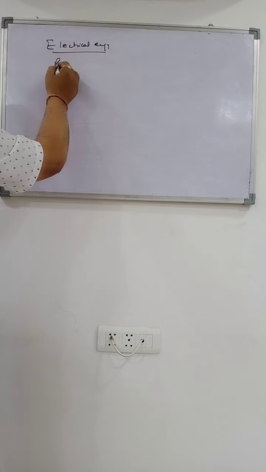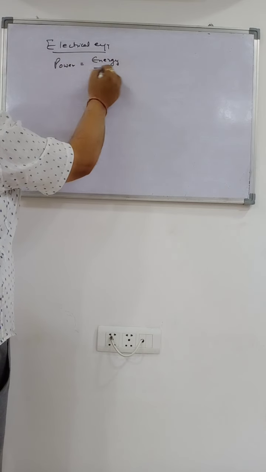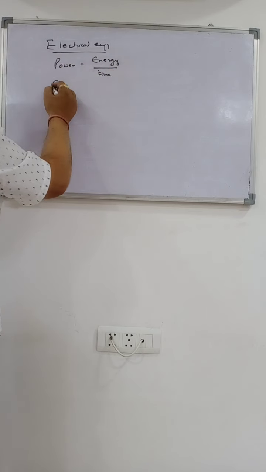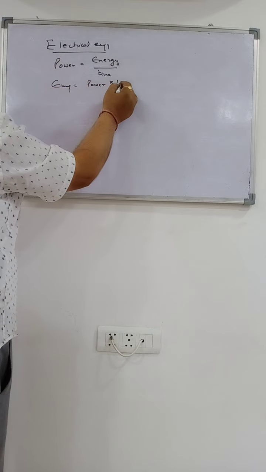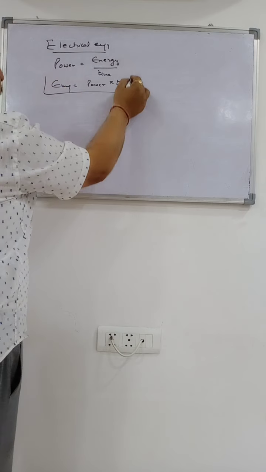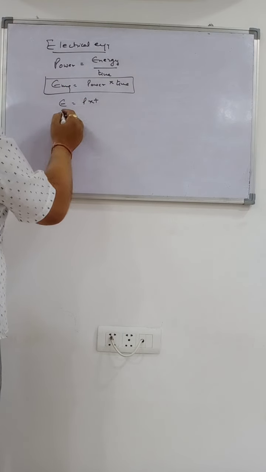What do you know? Power is equal to energy upon time. You have done this in your 9th class. What will energy be equal to? Power into time. Energy will be equal to power into time.